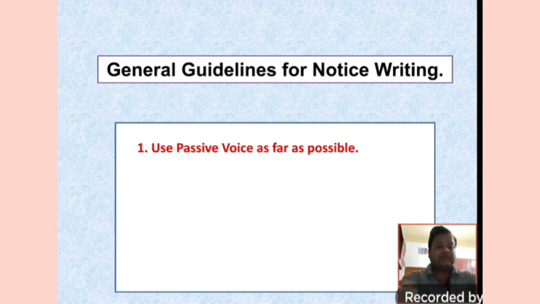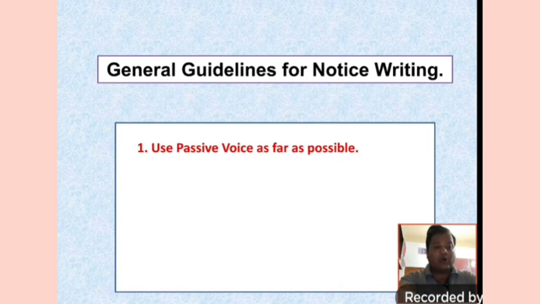Okay. So, you cannot write "we request people", because when you write "we request people", then that is in active voice. Instead of that, we can make use of passive voice like helping verb plus verb's third form.